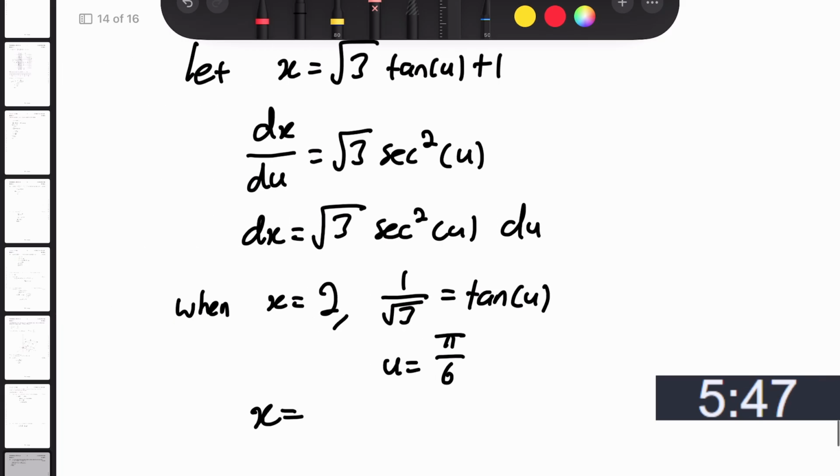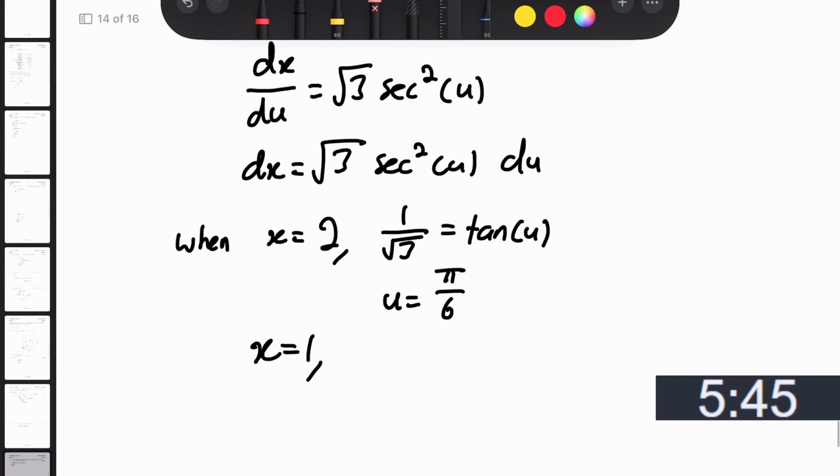And then when x is equal to 1, 0 is equal to tangent of u. Tangent is sine over cosine, and sine is 0 when u is equal to 0.